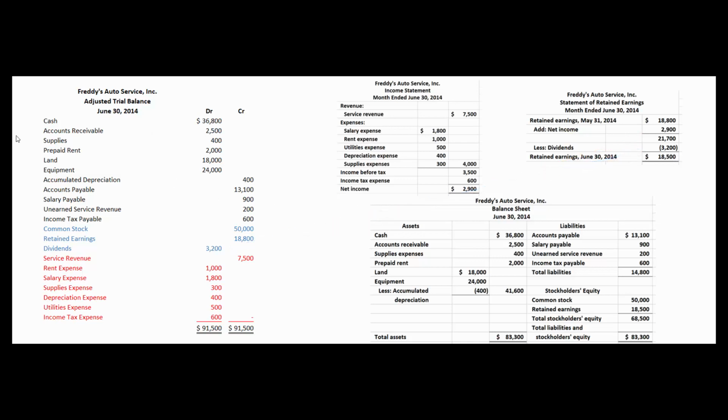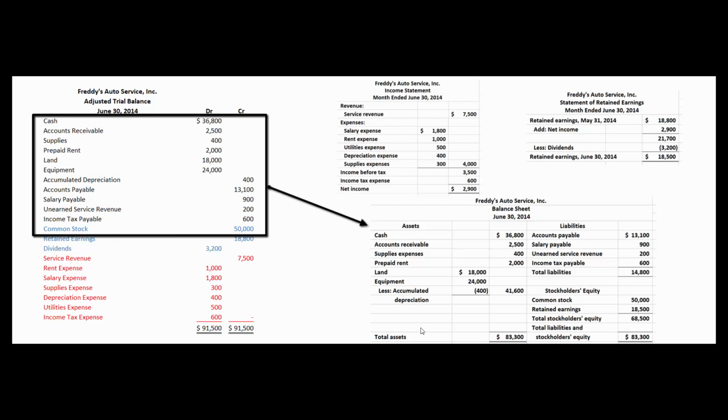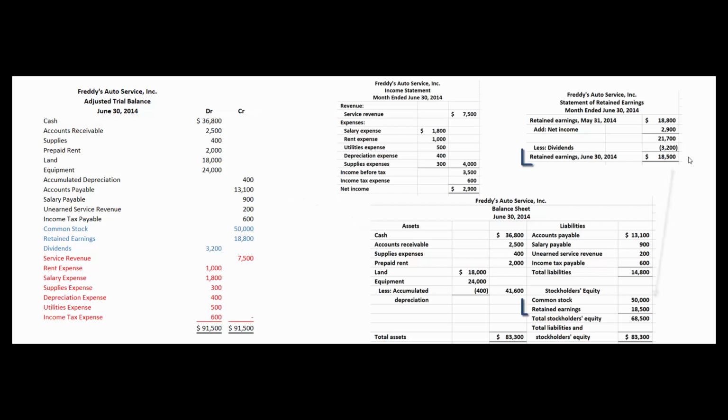Then we listed these accounts up here at the top of the adjusted trial balance, the balance sheet accounts, with their balances. The only tricky part was we used this new retained earnings number on our balance sheet. Remember, revenue and expenses are not on the balance sheet directly, but they get there because revenue minus expenses gave us our net income.